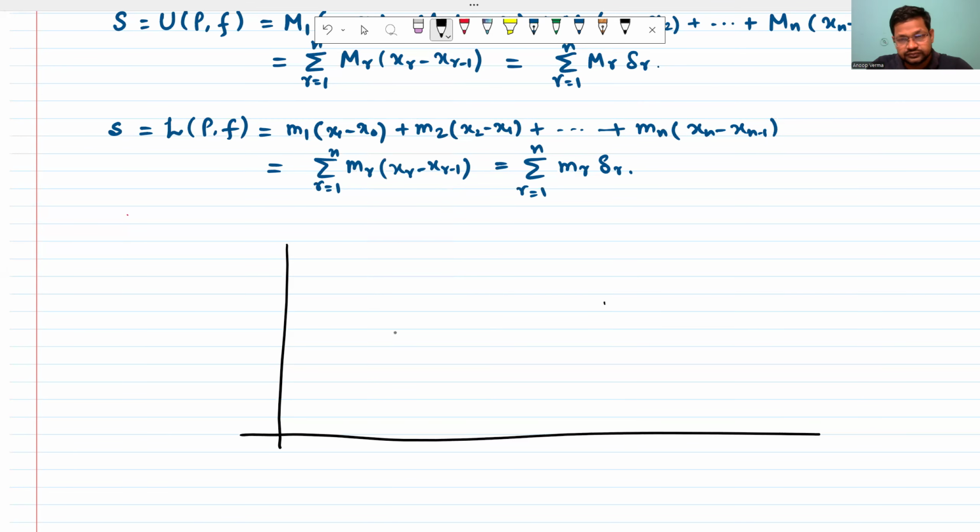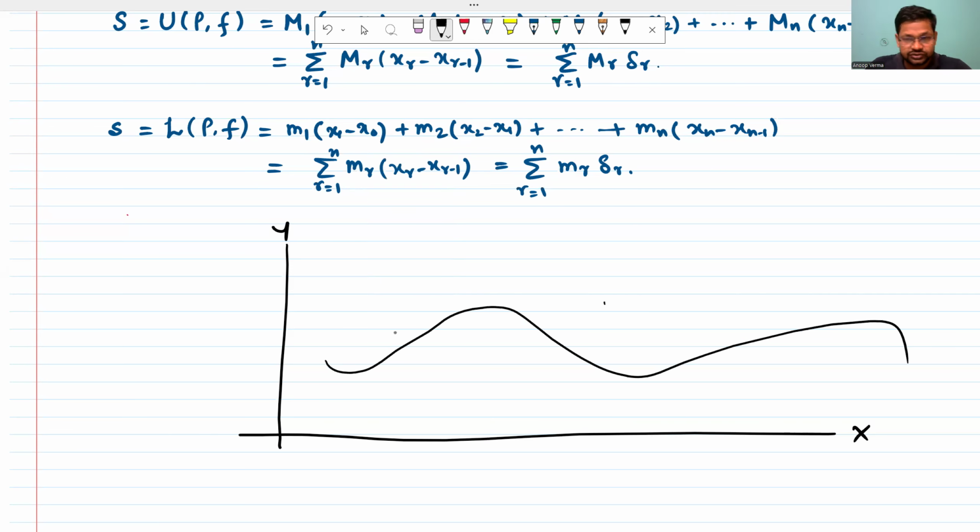So this is your x-axis, this is your y-axis. Suppose we have some function here, which looks like this.